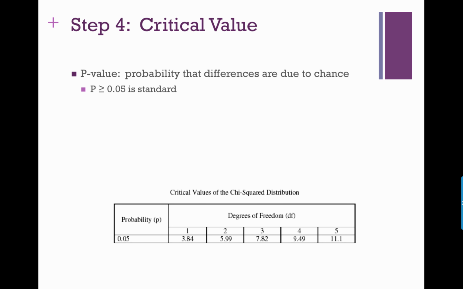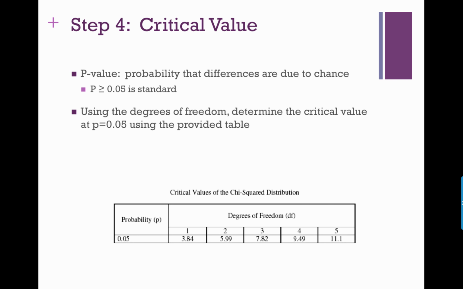And the higher the p-value, the higher the probability that the differences are due to chance. In biology, I'm looking for a p-value of greater than or equal to 0.05, so 5%, and that's the standard value.